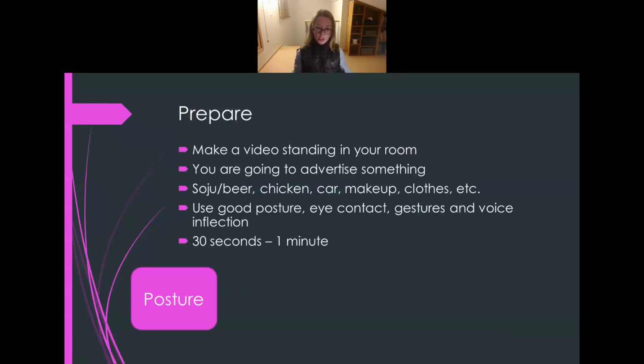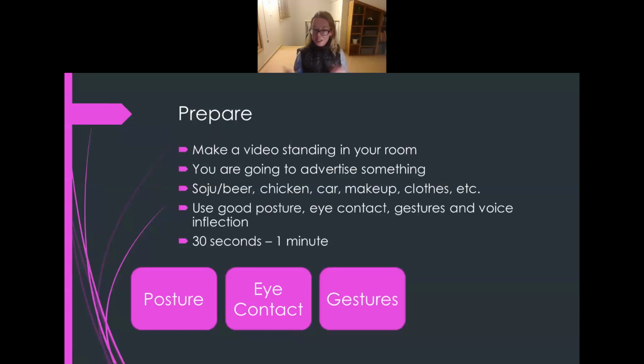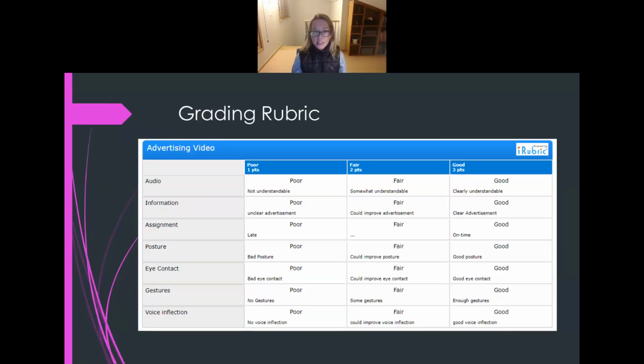So don't forget posture, okay, standing up straight, eye contact, gestures, and voice inflection. Okay, so this is the last slide, and this is your rubric. Please do not pay any attention to the 1 point, 2 point, 3 point.